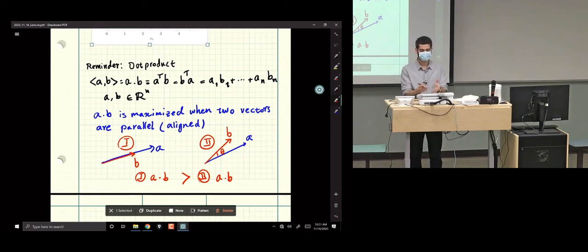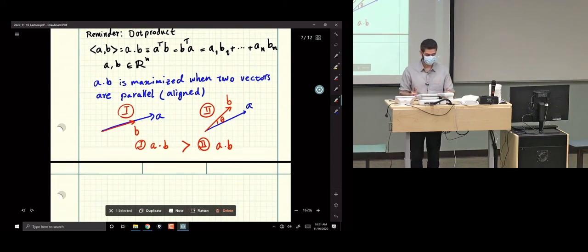The dot product is maximized. And when they're not, well, it depends on the angle. When it's minimized, now, the definition of dot product says that it must be greater than or equal to 0. So it cannot be negative, at least in this context.